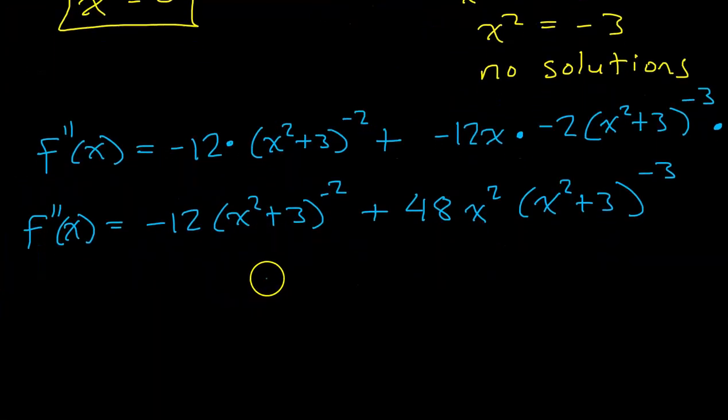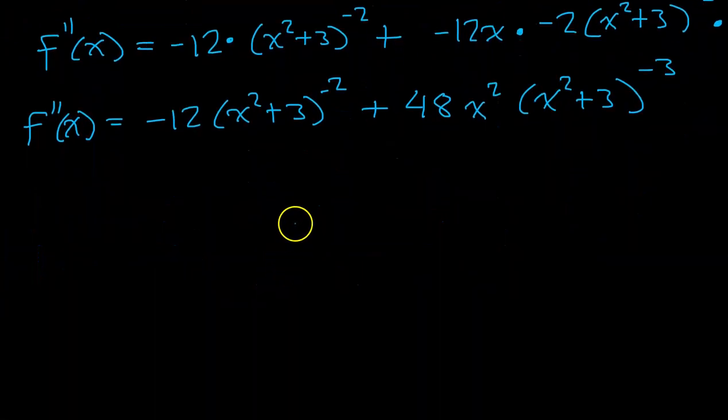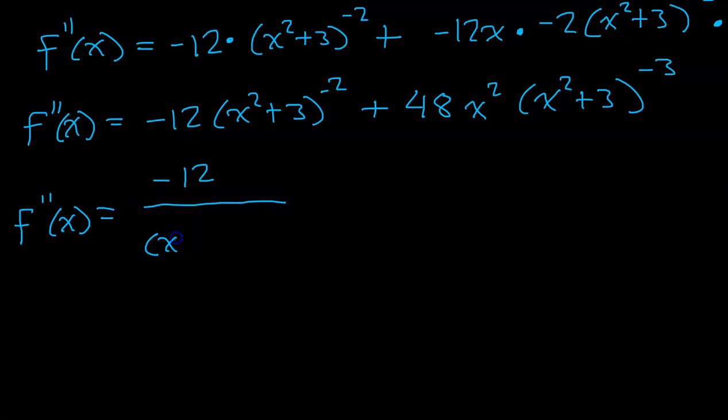I think it is time to rewrite this in fraction form without the negative exponents. So if I do that, I will have f double prime of x equals, okay, this part is going to drop down, so I'm going to end up with negative 12 over x squared plus 3 to the positive 2 power.